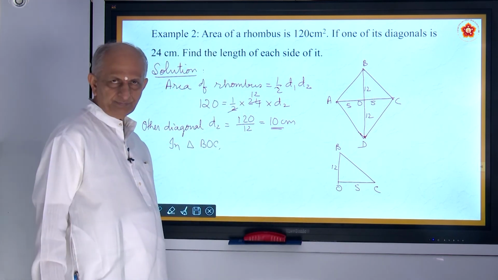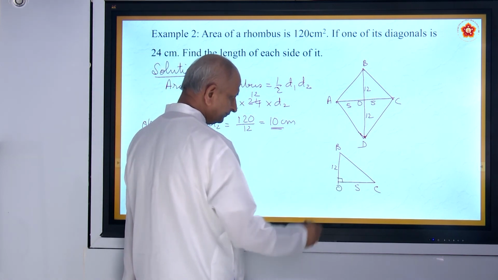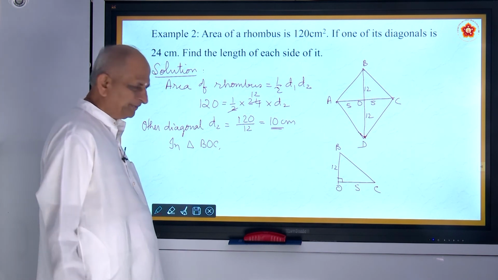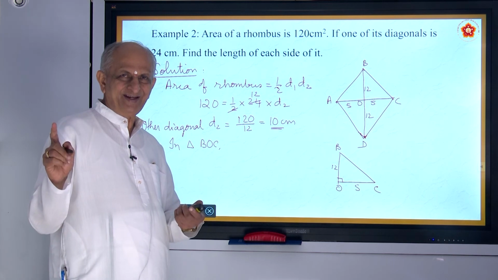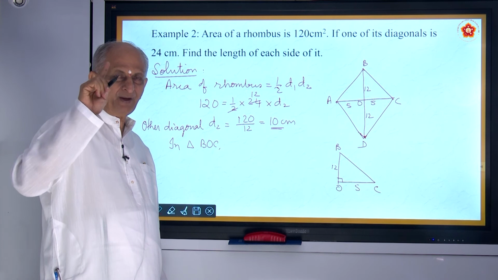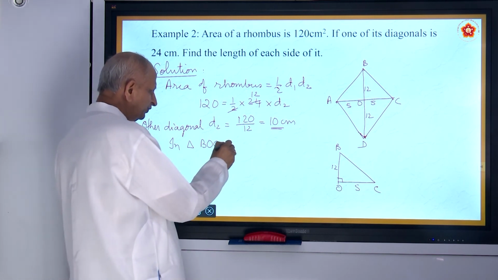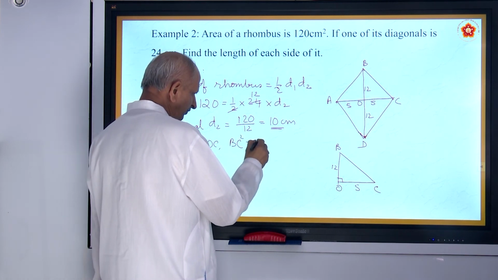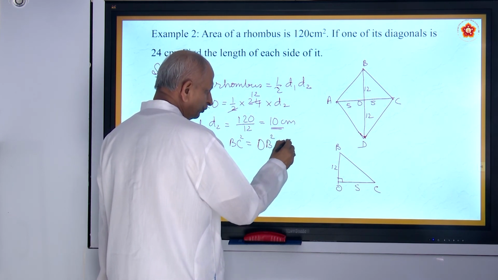How will you do it? Immediately you can think of Pythagoras theorem. Correct? What is the theorem? Anybody? Try. In a right triangle, the square on the hypotenuse is equal to the sum of the squares of the other two sides. So BC square, the square on the hypotenuse, is the sum of the squares of the other sides, OB square plus OC square.